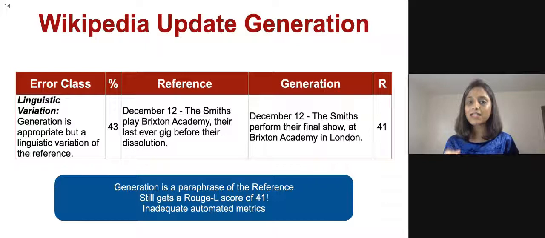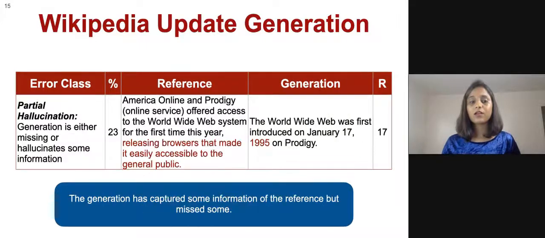But still it gets a low ROUGE score of 41. A good 43% of cases fall in this category, and this tells us the inadequacy of the automated metric. The second error class is partial hallucination, where the generation has captured some information from the document, but it has missed out on some information that is present in the reference, or it has hallucinated some information. 23% of cases fall in this category.